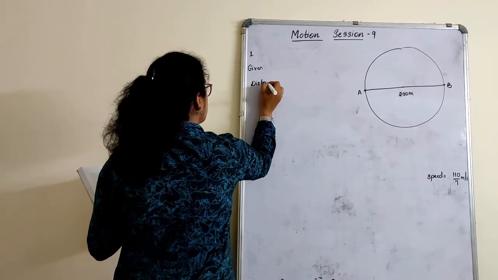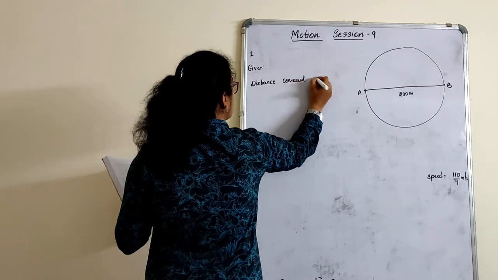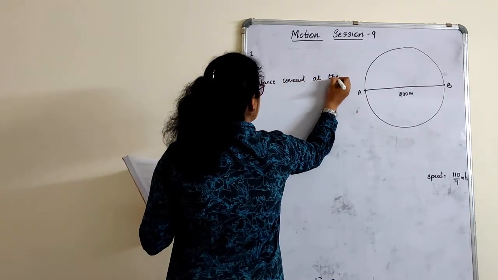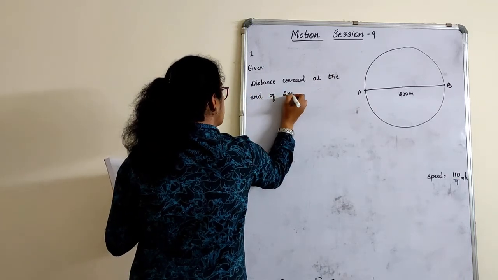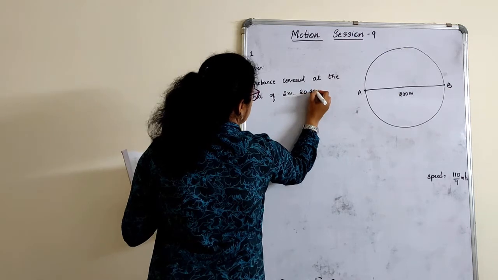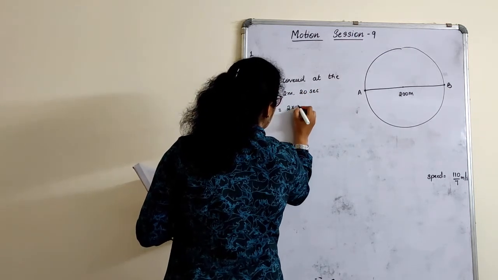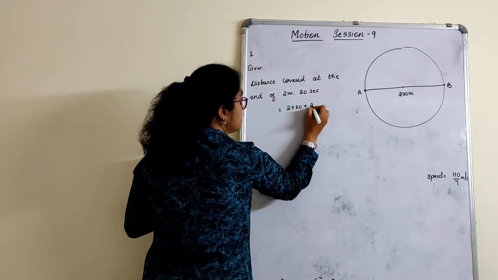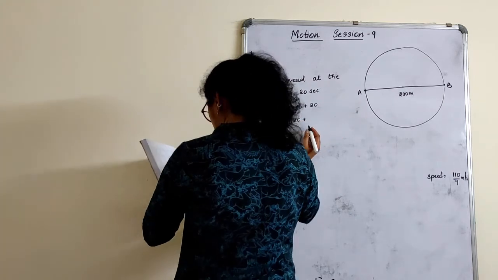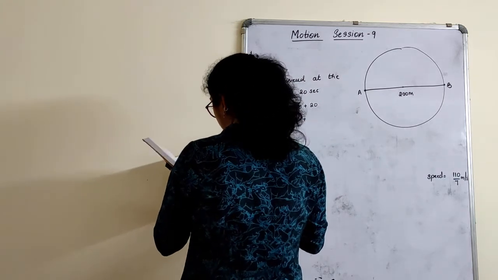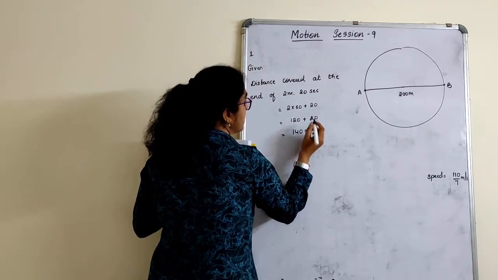Distance covered at the end of 2 minutes 20 seconds, which is nothing but 2 minutes is 2 into 60 plus 20, same like last time, 120 plus 20, that is nothing but 140 seconds, right?